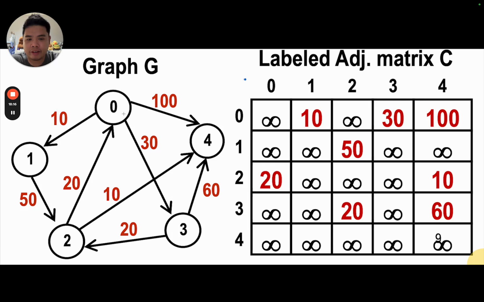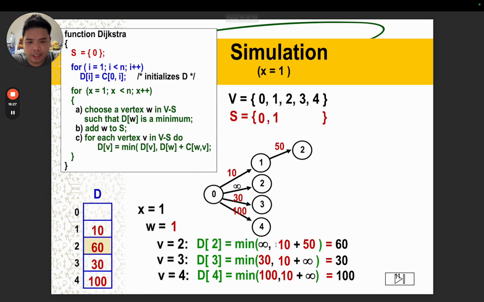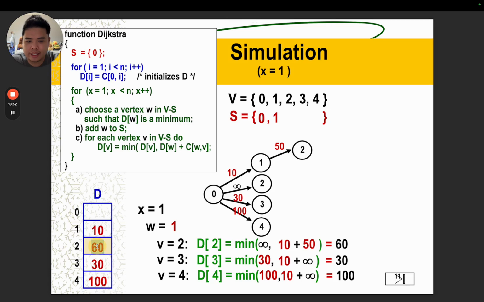Is there a path from vertex 1 to vertex 2? There is, and the cost is 50. So because the cost is 50, we did 10 plus 50, which is 60, right? And we are going to get the minimum between infinity and 60. The smaller value is 60, so D index 2 gets 60, which means infinity was replaced with 60. We do it again for index 3.